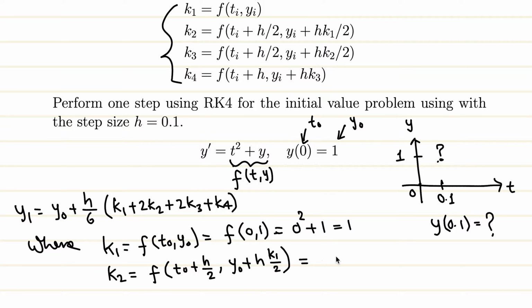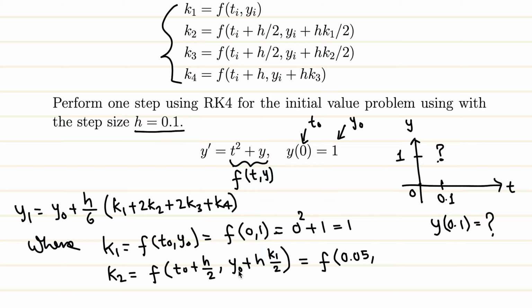Evaluating the function at t0 equals 0: 0 plus h, which is 0.1, divided by 2 is 0.05, so 0 plus 0.05 is just 0.05.